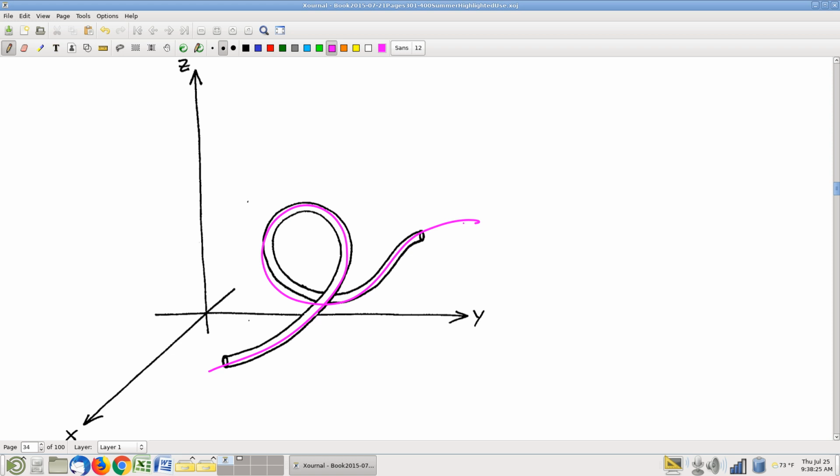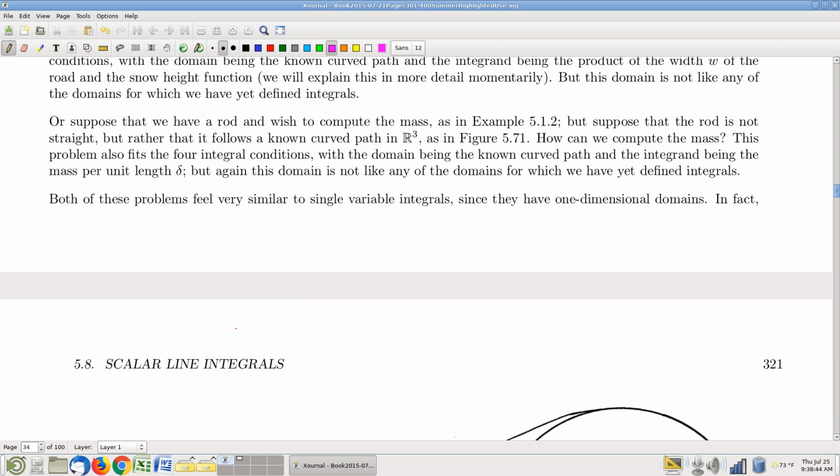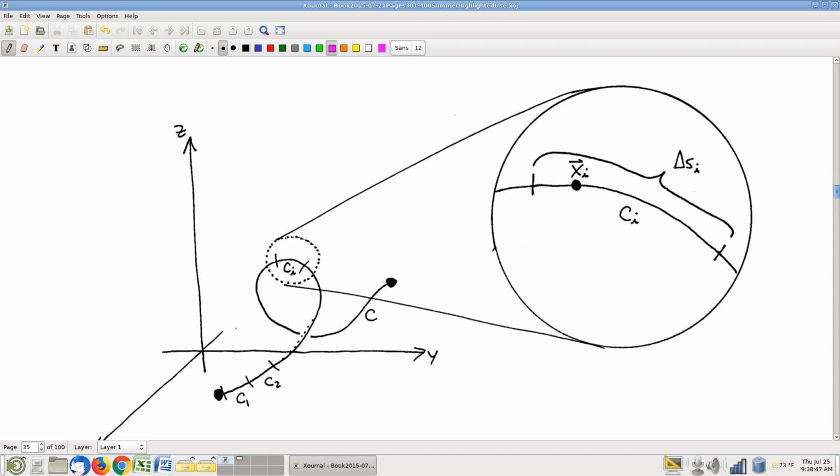We don't have such a construction, right? We have triple integrals, which accumulate over three-dimensional solids in space. No such thing yet for accumulating over curves in space. Okay, so let's talk about how to do this, and it's not that surprising.